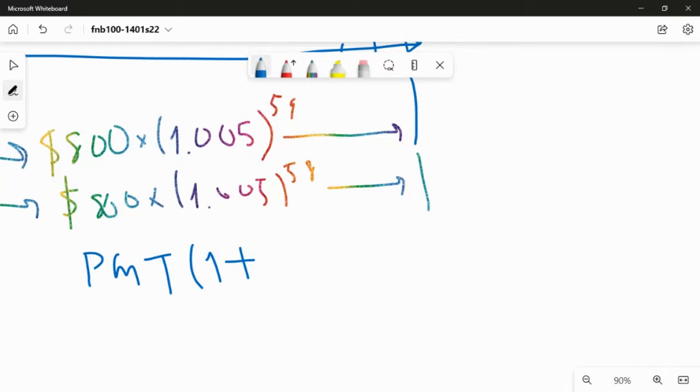So we don't have a separate symbol for deposit. Payment is the common symbol for all of them.